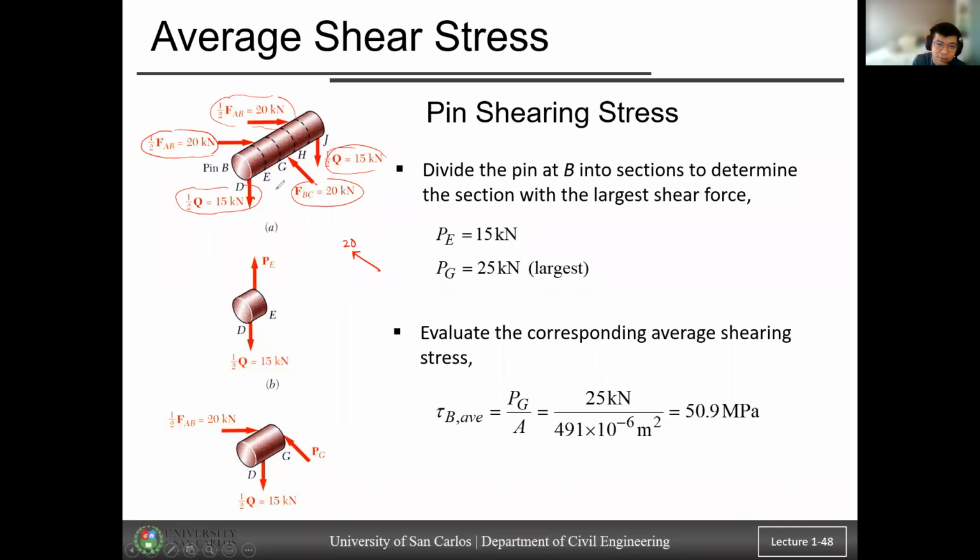So kani siya nga portion, kani siya DE, and then J, so may siya H, JI. So let's say this one is I, and JI are those coming from AB. Ana. So meaning paana siya dire, di ba?